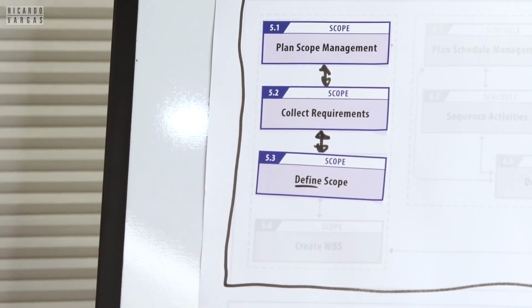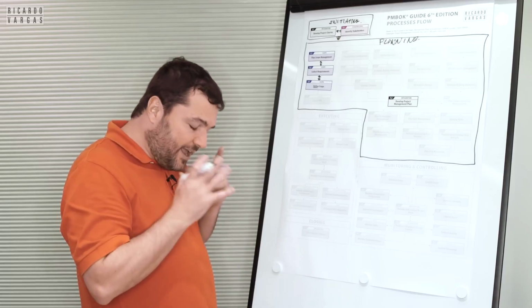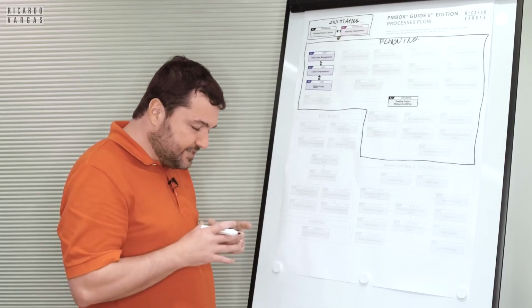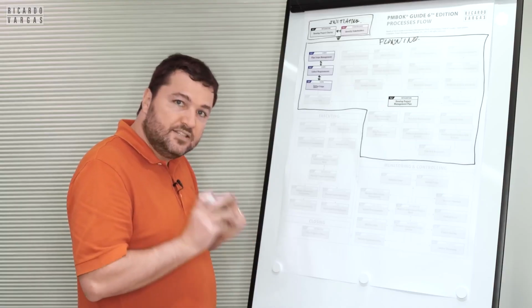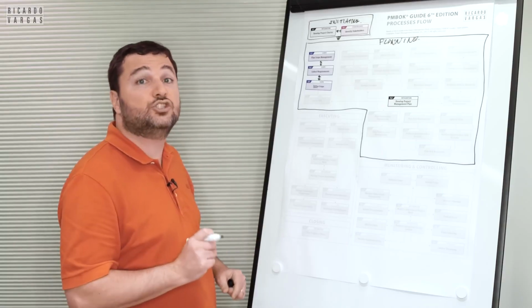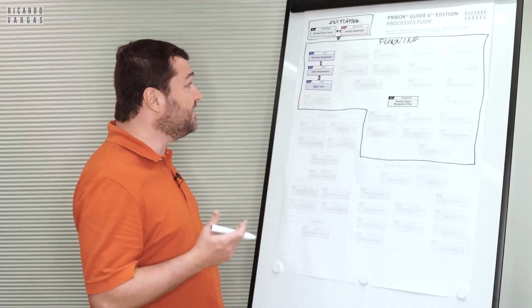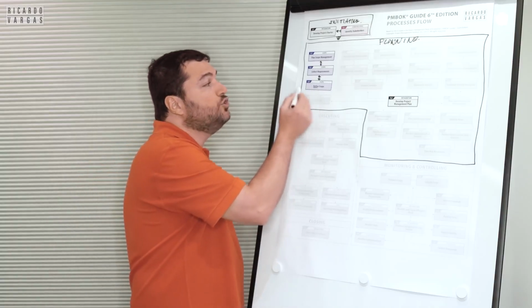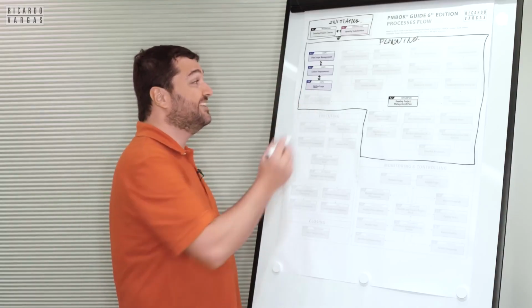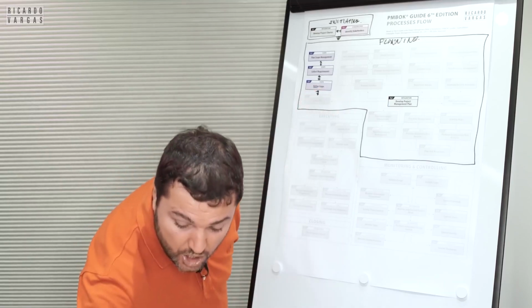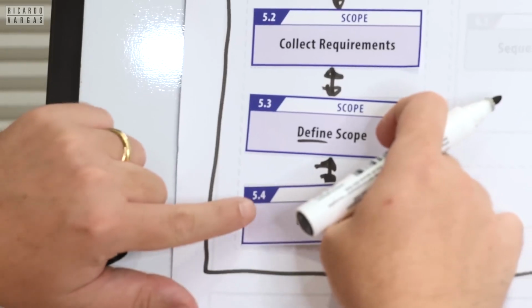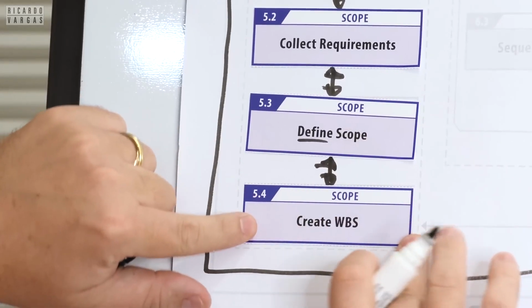Basically, you produce one document. I don't like the word document because it seems like bureaucracy, but you produce something that reflects the scope of your project, and we call this the scope statement. So the scope statement will define how you want to approach your project. And after that, you will create the work breakdown structure, or WBS.